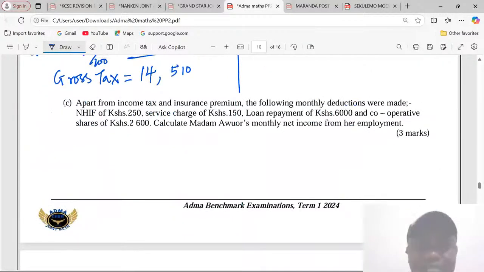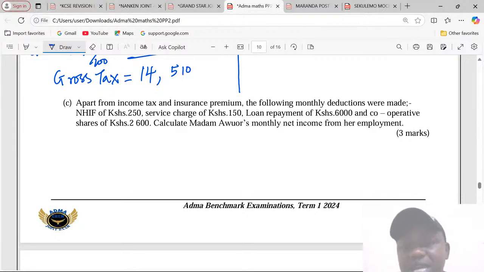All right, part C of this question. Now, we are further told that apart from income tax and insurance premium, the following monthly deductions were made. So the examiner is already giving us a highlight that there are deductions which have been mentioned earlier.